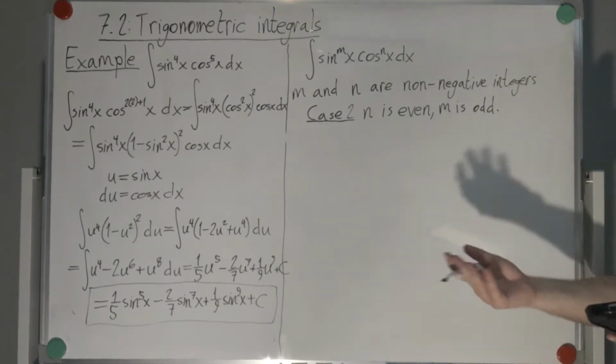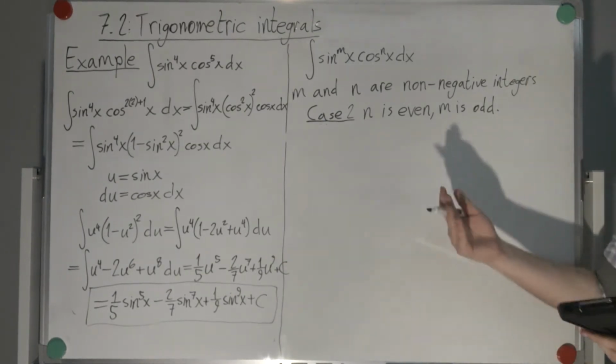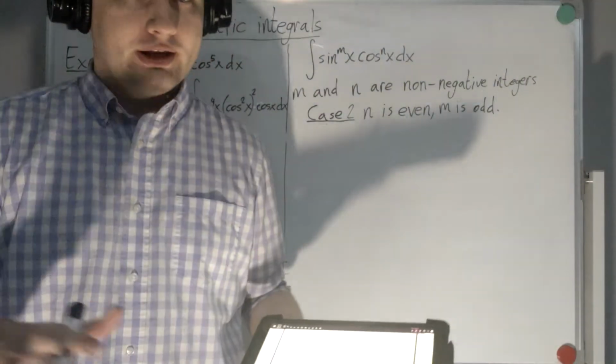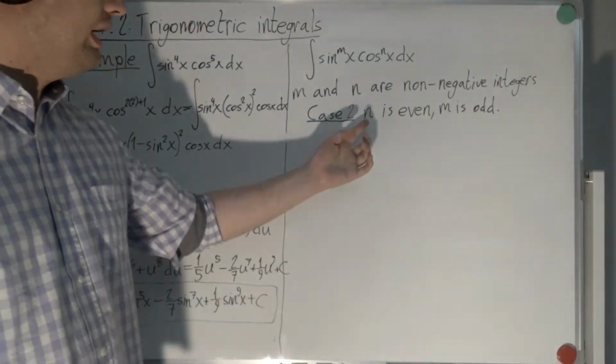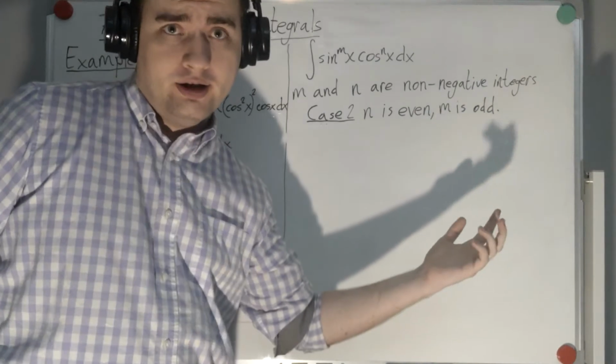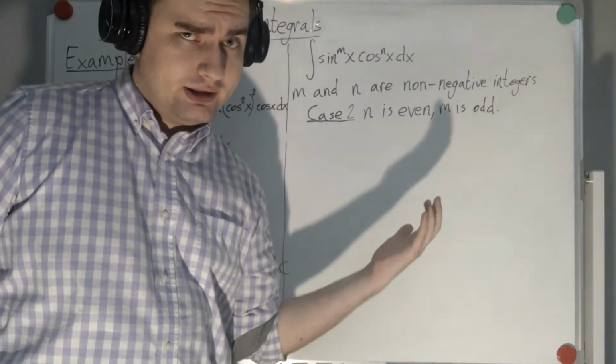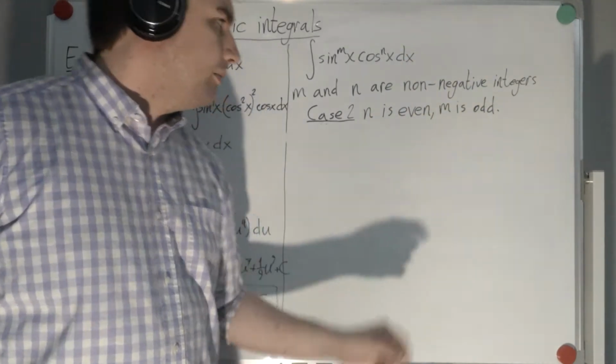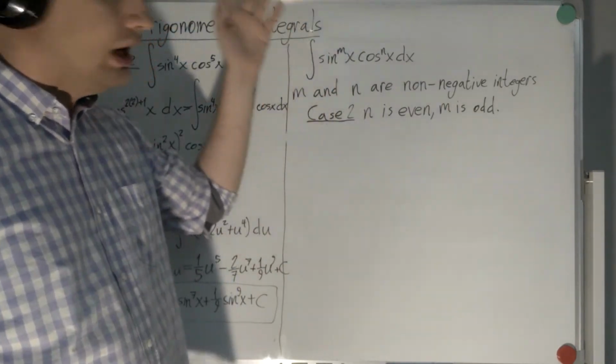Alright? So now, of course, we've dealt with the case where n is odd, but now if we're saying n is even and m is odd, then case 3 is going to have to be that they're both even, right? And yes, we'll get to that. But for right now, let's say n is even, m is odd. Okay?